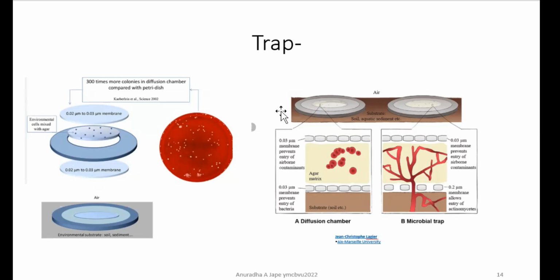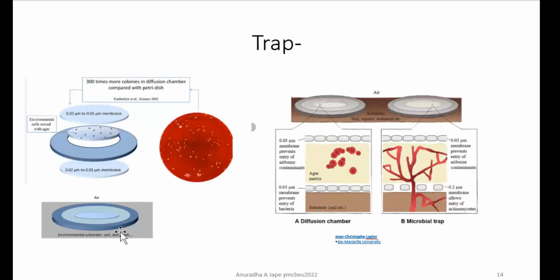So here you are going to have 0.02 to 0.03 micron membrane. This is the metal disc, right? Another thing that you are going to see is this is another membrane, and in between these membranes you have the gelling matrix, right? And then this is kept onto the surface of the mimicked environment, maybe an aquarium, maybe a rock bed, maybe a soil bed, whatever it is, right?